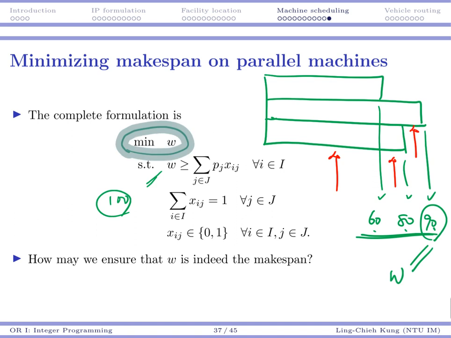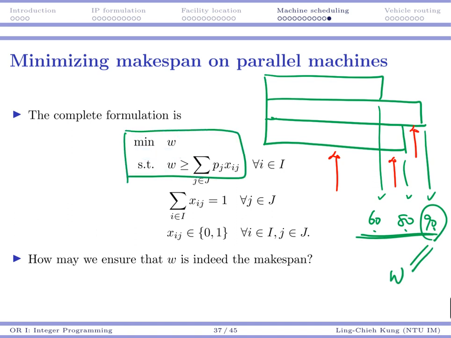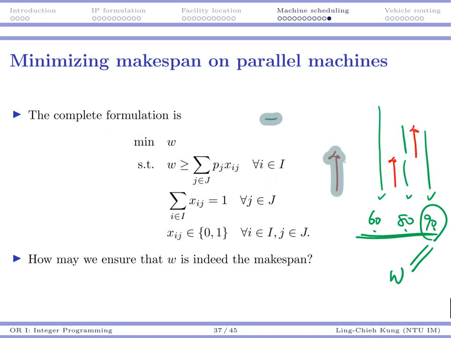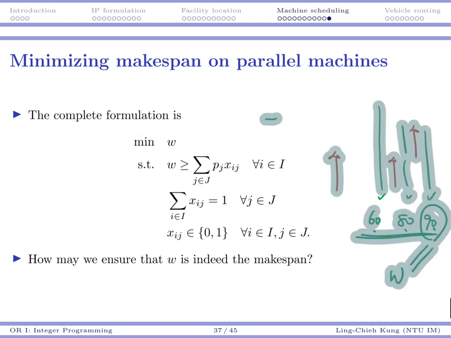With this clever design, we may use this part to specify the Makespan, and the minimization naturally helps us formulate this problem by considering the objective function and the constraints at the same time. So this is about Makespan minimization on parallel machines.